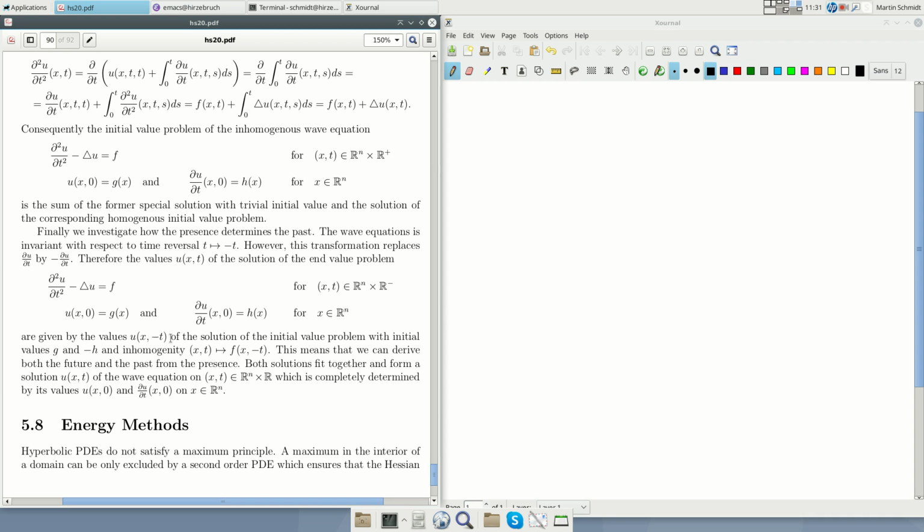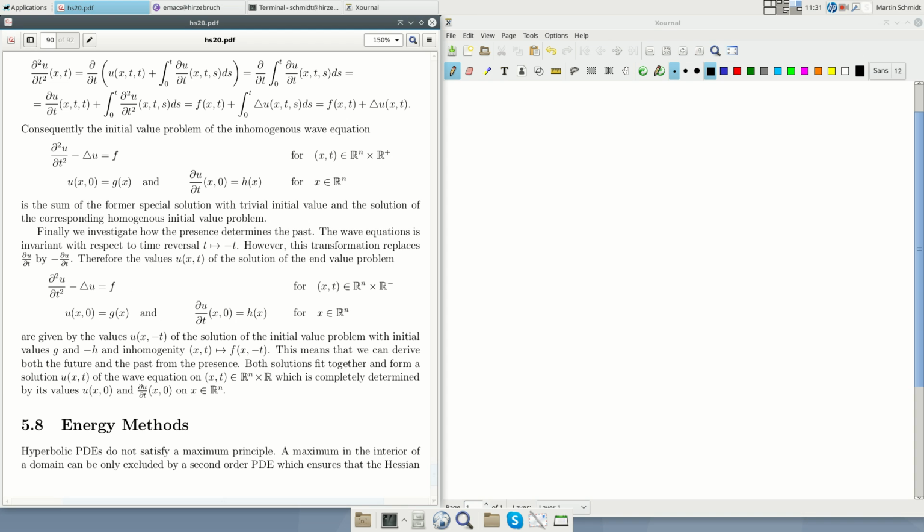So we take the negative of a negative time, which is a positive time, and insert this into the corresponding initial value problem with values g and minus h. And with f, in f we replace t by minus t. Then by this behavior under time reversal, we directly see that this now solves this equation.